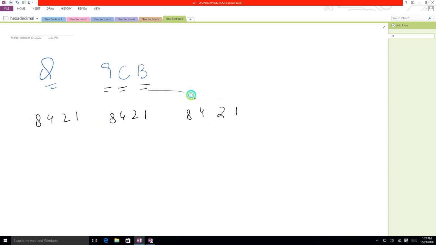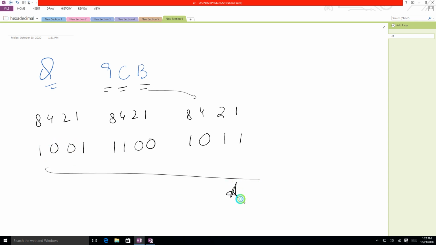So B means we have 11, okay. So how can we generate 11? I'll turn on 8, 10, 1, 11. This will be off. C is equal to 12. So 8 and 4, 12, 0, 0. 9, 8 and 1, 9, 0, 0. So this is equal to the binary value. So I hope this is clear to all of you.